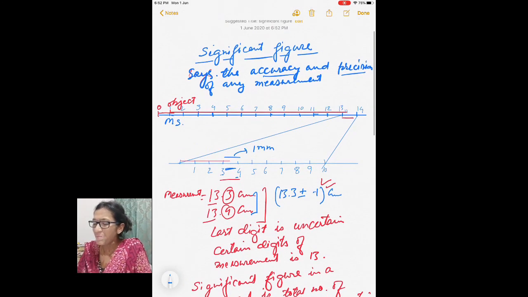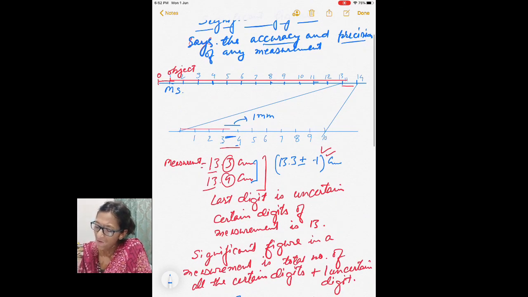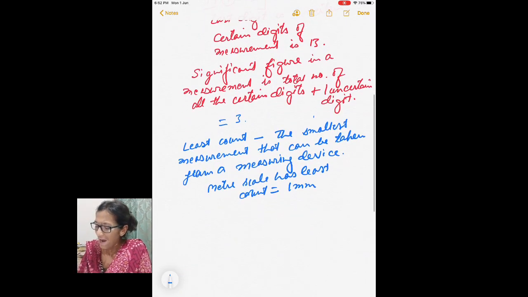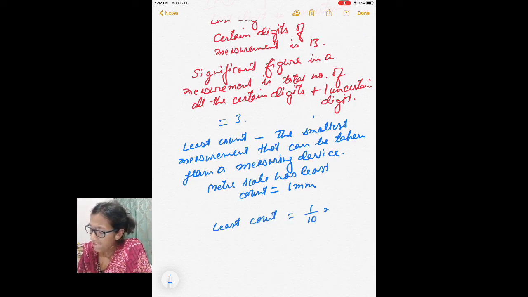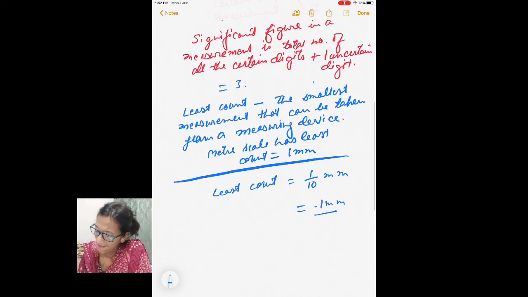So how can you make your result accurate and precise? Here, one way to make your result accurate and precise is to reduce this least count. Here you have least count 1 millimeter. What happens if you reduce this least count and make your least count 1/10 of millimeter, which is equal to 0.1 millimeter, and which used to be the least count of a vernier calipers.